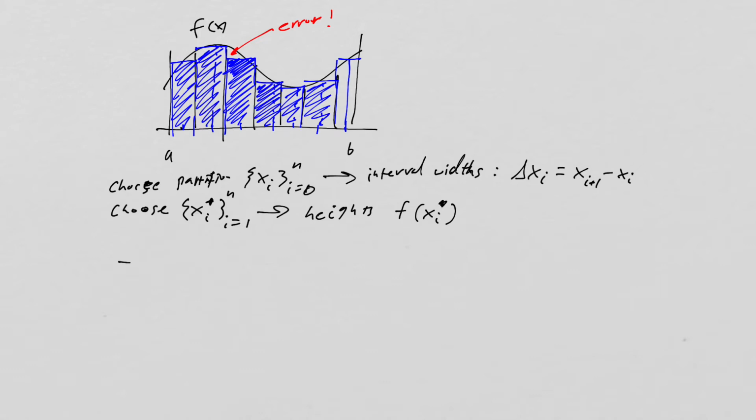And then what we're going to do is we're going to say the area is approximately the sum from i equals 1 up to n of the heights of each one of these rectangles times their base, their width, like that.